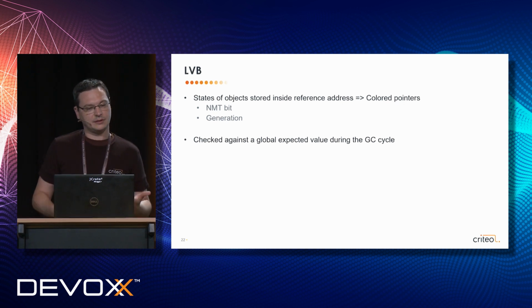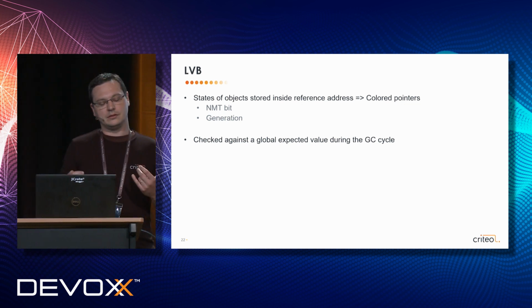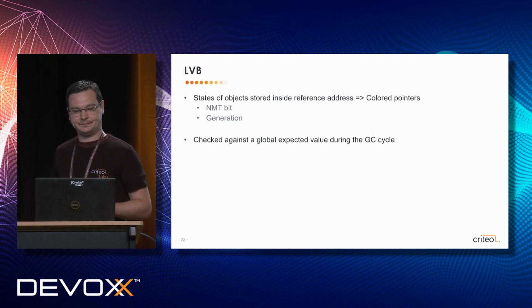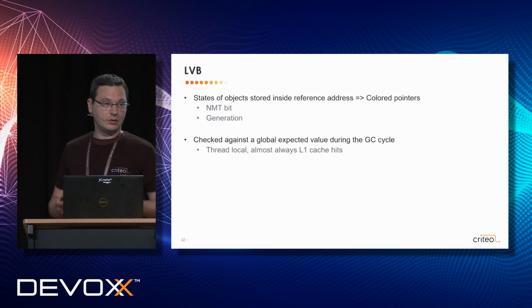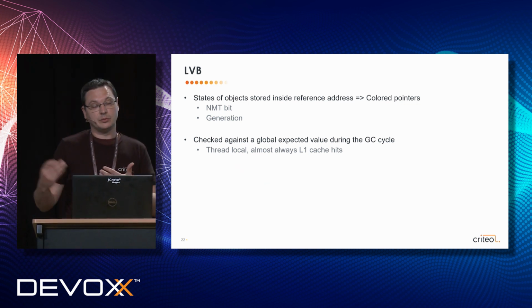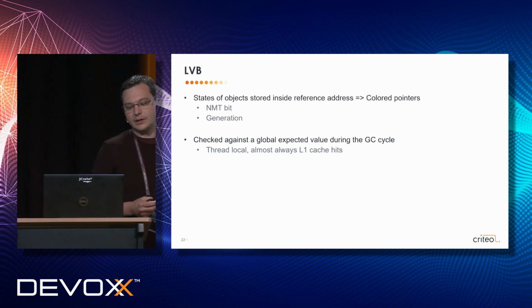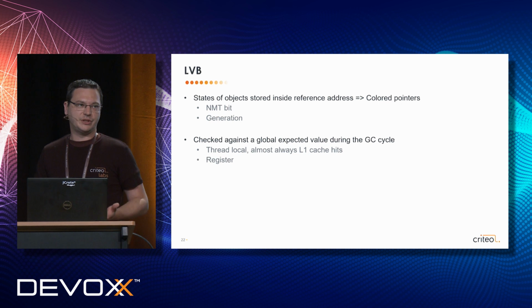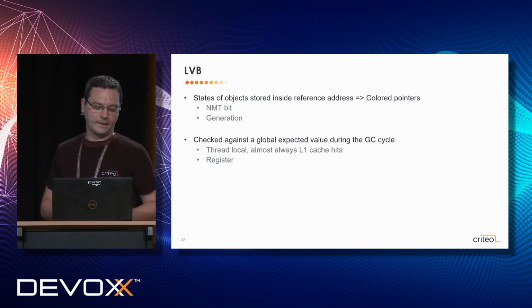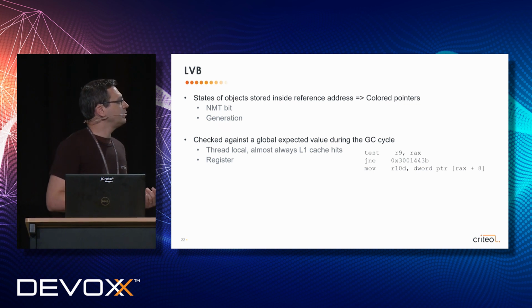This reference is then checked against the current GC phase, through either a thread-local at first, so it means that we have almost always an L1 cache hit, or by a register for the newer version. So this is the kind of read barrier that we have with C4.